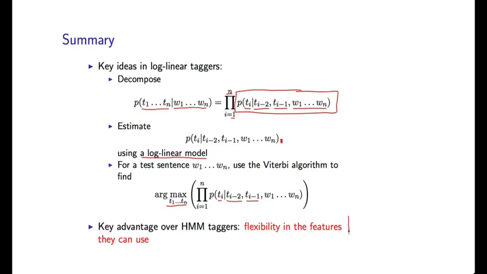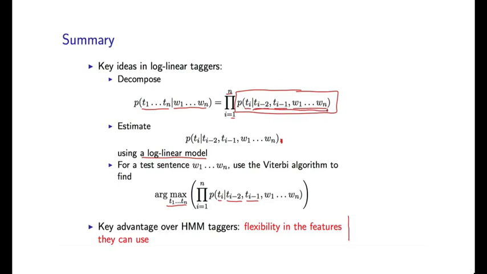Finally, the key advantage over hidden Markov models is really the flexibility in the feature definitions that log linear taggers can use. We are now empowered to make up all kinds of features which look at the current tag and the previous history, where the history consists of all of this information.